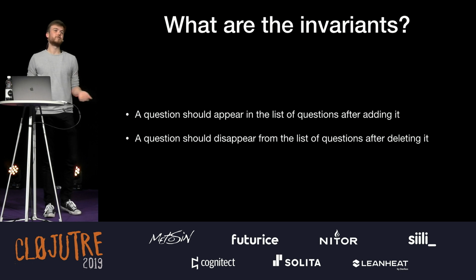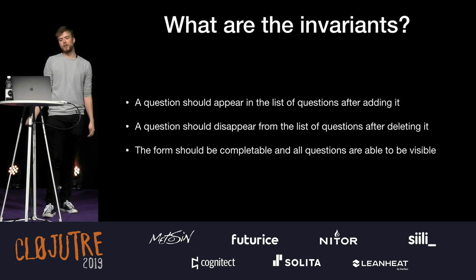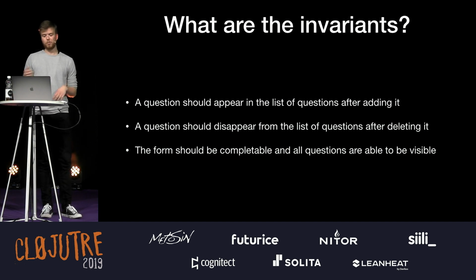And when deleting it, it should disappear from the list. And when I'm doing more thorough testing, I see that after creating a questionnaire, the resulting questionnaire should be completable. I'll get back to how this is done later when I show you the implementation.